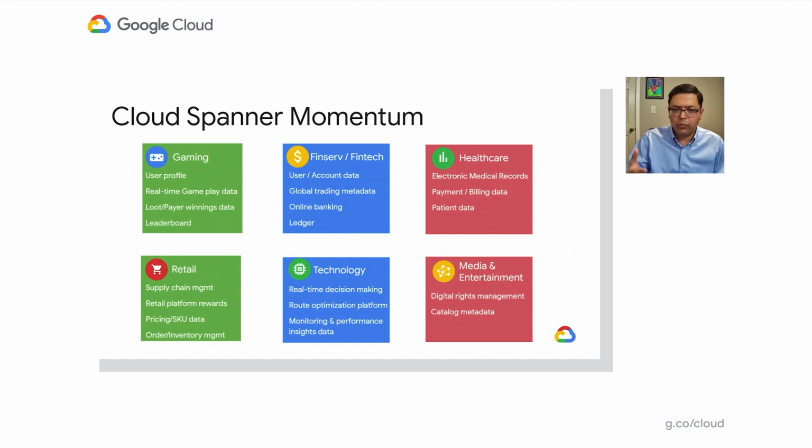You can start small with the right schema, and then you can seamlessly scale from hundreds to thousands to millions of queries per second and transactions, and for data size, from megabytes to GBs, or even petabytes. A lot of customers are using it to store user profiles and real-time gameplay data. A lot of those applications are there.